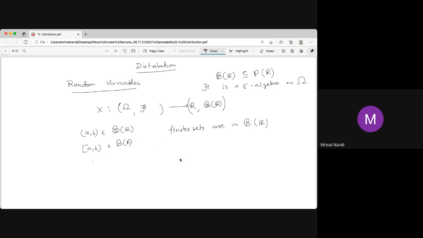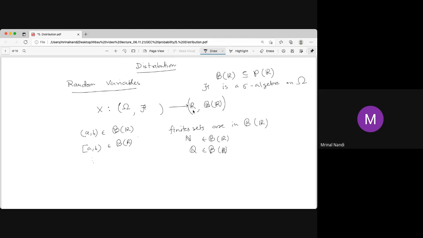All open sets, all closed sets, finite sets, natural numbers, rational numbers, whatever sets we know are in the Borel sigma algebra. Giving an example of a subset of real numbers which is not Borel is very tough, so forget about this. You can just think all known subsets are Borel sets, and no need to worry about what is not a Borel set.